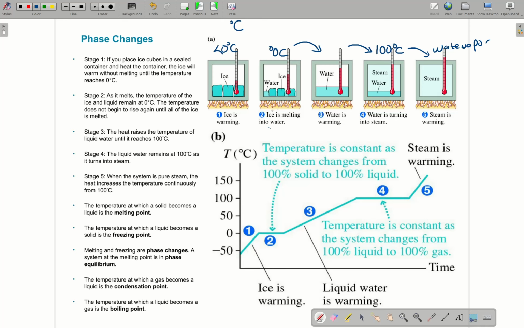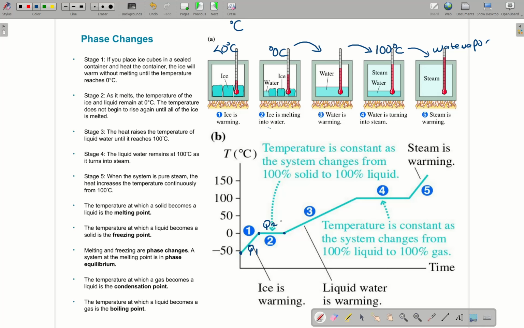Now, as this is happening, if I look at the temperature versus time, let's say I took that ice at minus 50 centigrade degree. I heat it up, its temperature will increase. The first section here. As I keep heating up and it's melting, temperature will stay constant because the heating energy, let's call this heat 1, heating energy I give to ice here is used for melting.